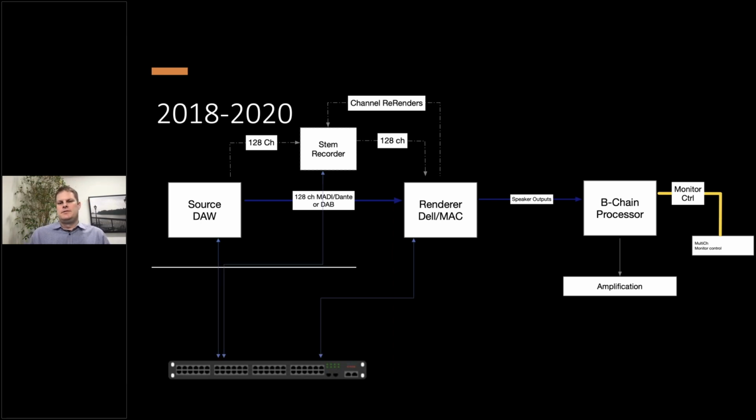This is basically the signal flow that has existed in the early adopter music studios. So Capitol Studios, Abbey Road, Blackbird, they were all based around this source with high channel count, Dante in many cases, into the renderer, out into the B chain, and into the rest of the chain there.